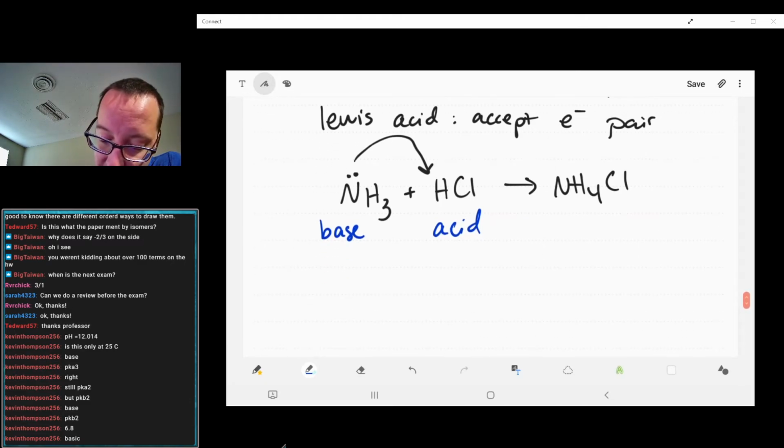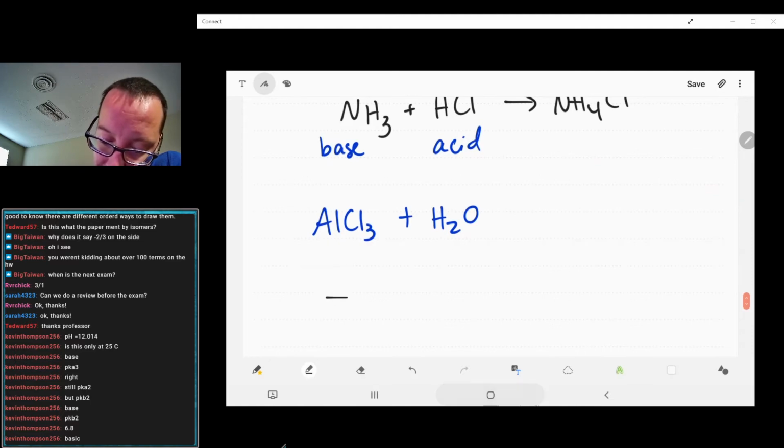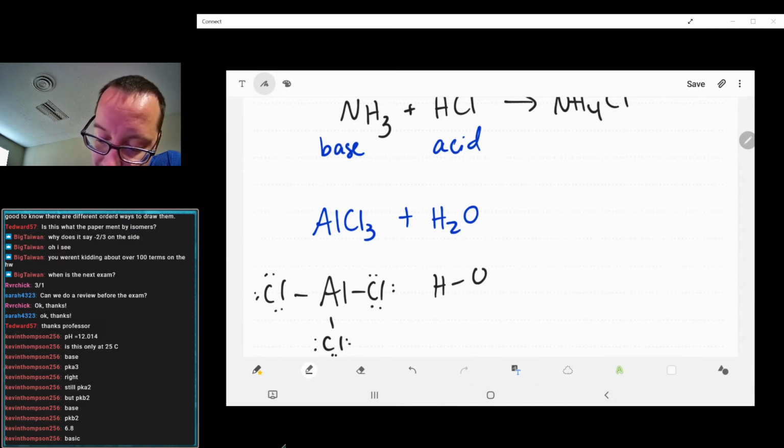And so if we look at, for example, what's another good example here? We can look at this one. If we look at their Lewis structures, we could see what will happen here.